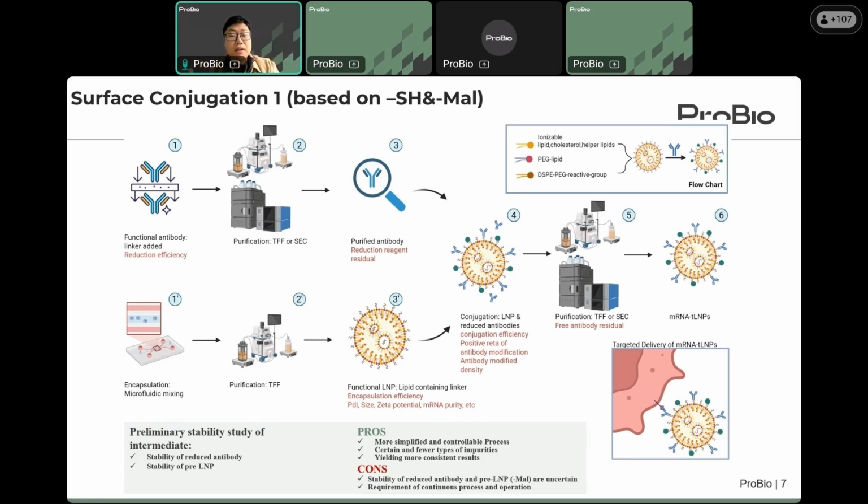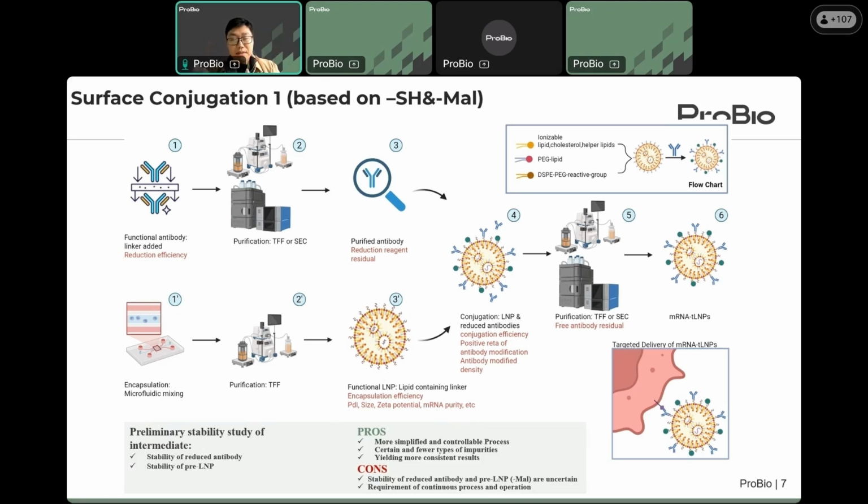In our opinion, this surface conjugation pathway is quite reliable and very controllable, and each step gives you clear impurity types, so you know what to detect and what to purify.